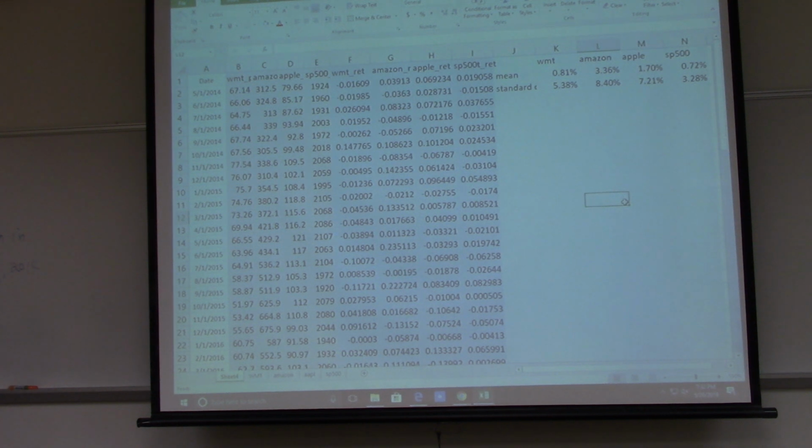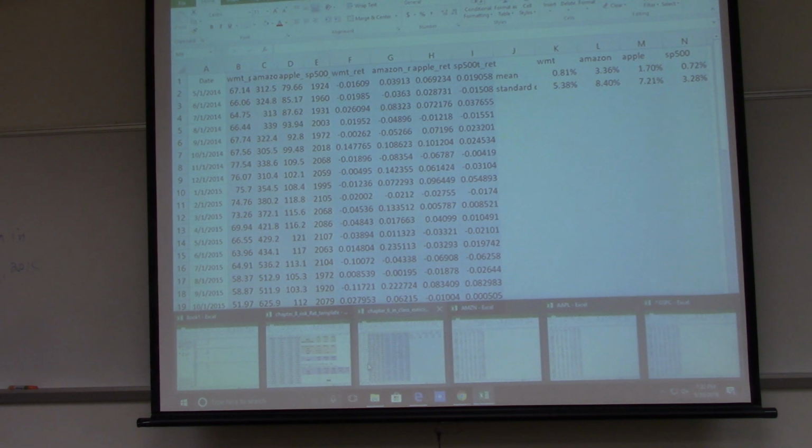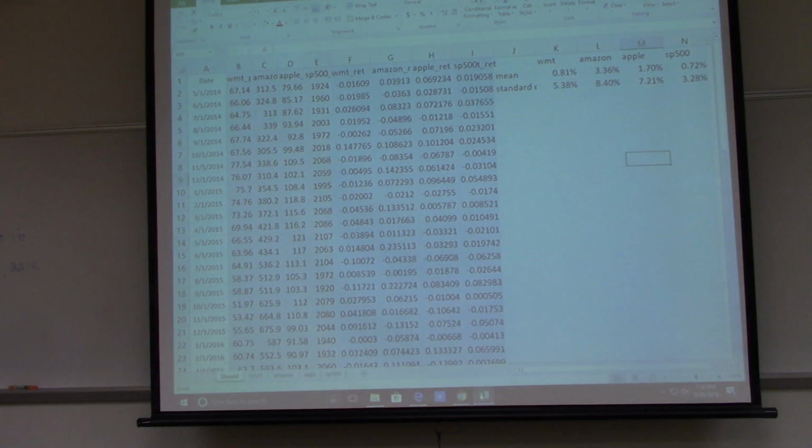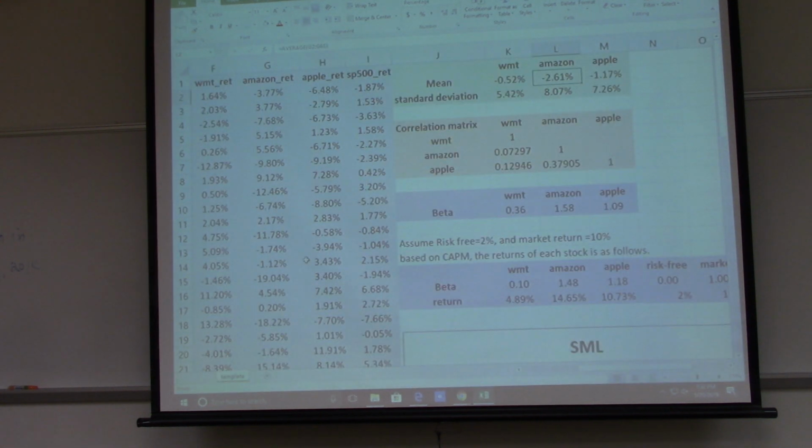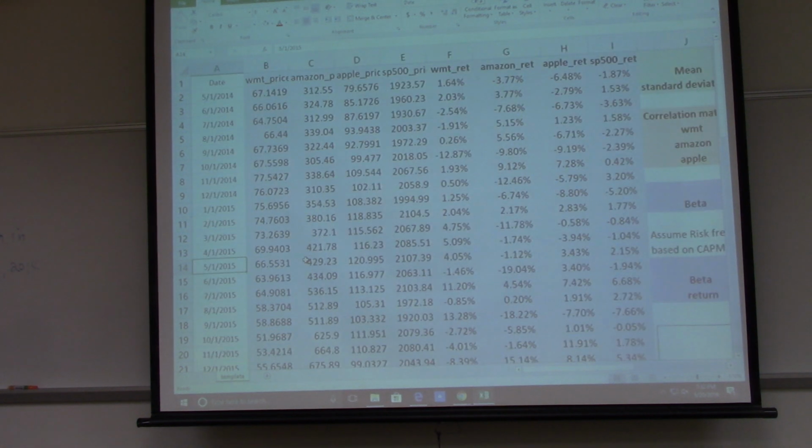So on average, the stock return of Amazon is 3.36% every month for 5 years. The stock market is booming, so it should be positive returns. So that one definitely was wrong. Let's see, what's the problem?